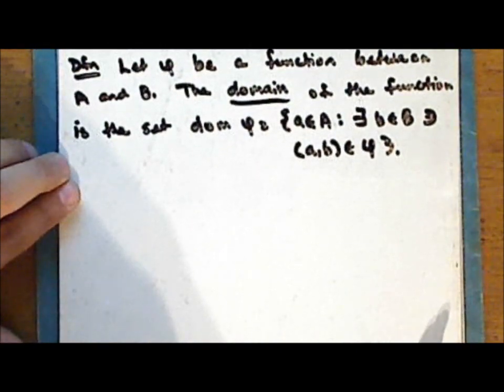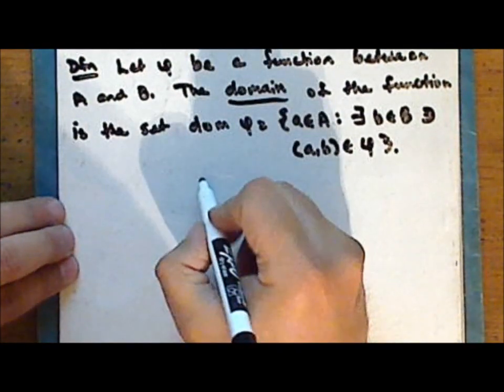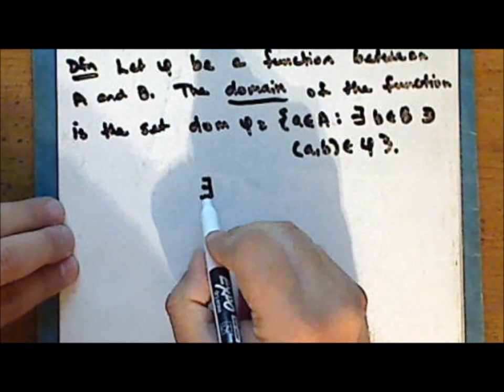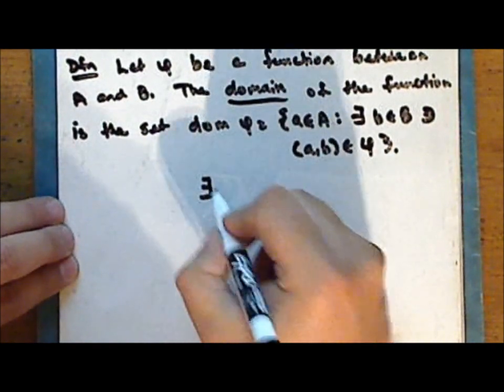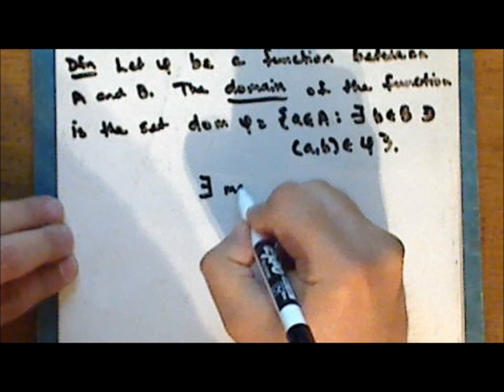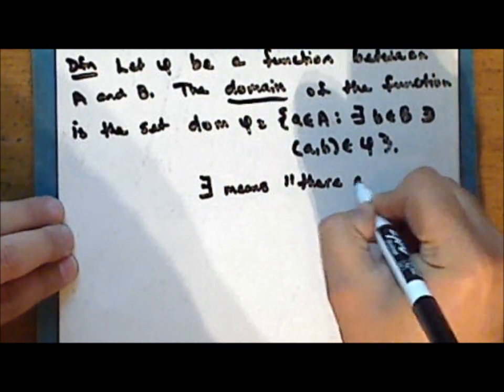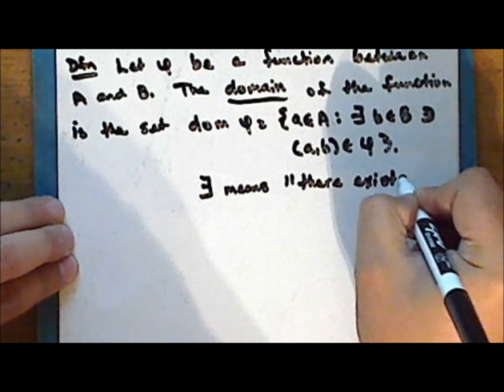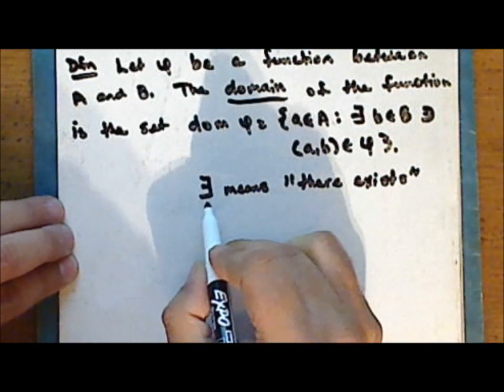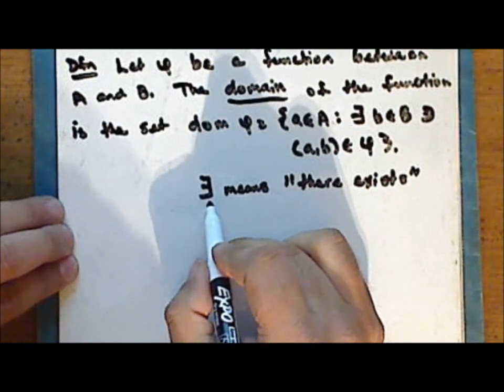So I've used some notation that I have not used previously, so let's look at those elements. The backwards capital letter E means there exists. This is known as the existential quantifier.